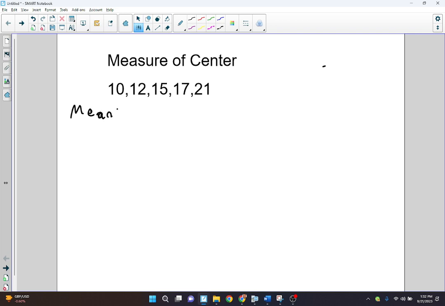Remember, mean is the same as average. So what you do is you add up all the numbers you have. So 10 plus 12 plus 15 plus 17 plus 21. Then divide by the amount of numbers you have, or the amount of elements you have, which is 5.